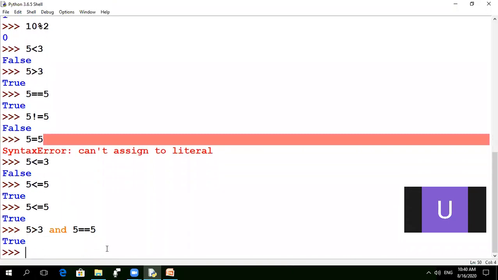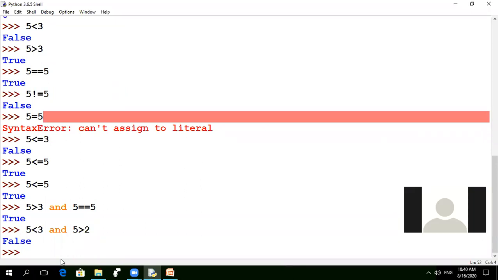Then the result is true. Or if you write 5 is less than 3 and 5 greater than 2, then press the enter key. You will get the answer False. Is it clear?